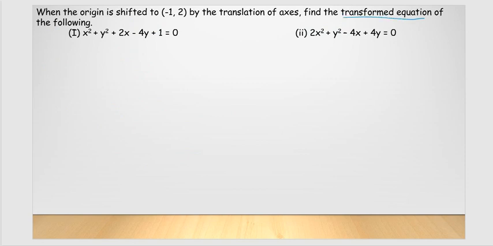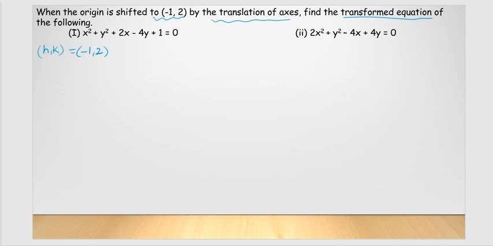Till now we have transformed a point; now we are going to transform an equation. The origin is shifted to minus 1 comma 2, that means h comma k is given as minus 1 comma 2. It asks: by translation the origin is shifted, find the transformed equation.